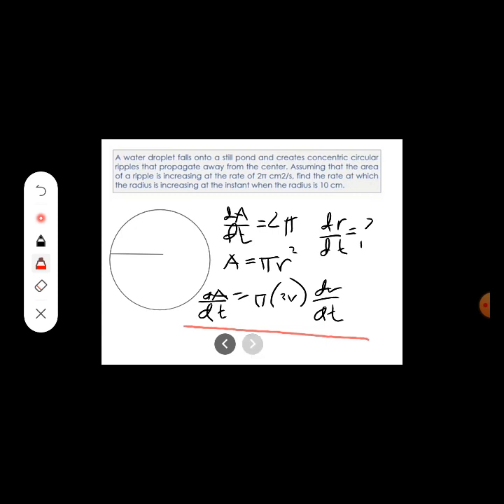which is 10. So we have 2π equals 2 times r, which is 10, or the radius, dr over dt. So 2 times 10, that would be 20π.